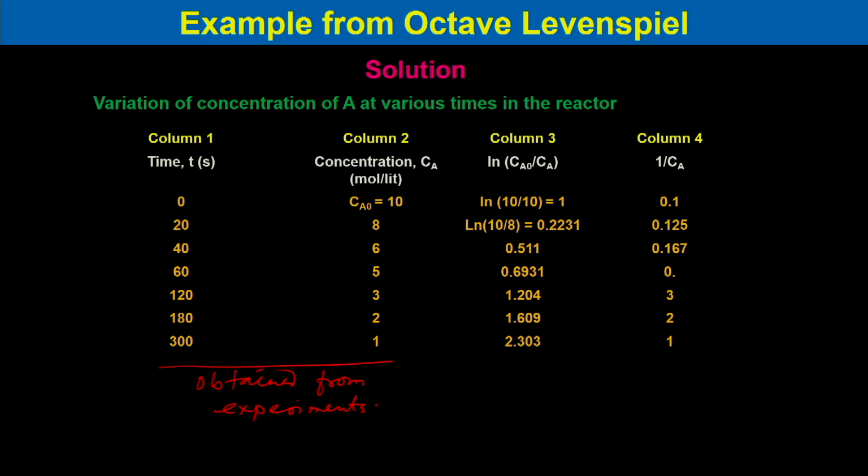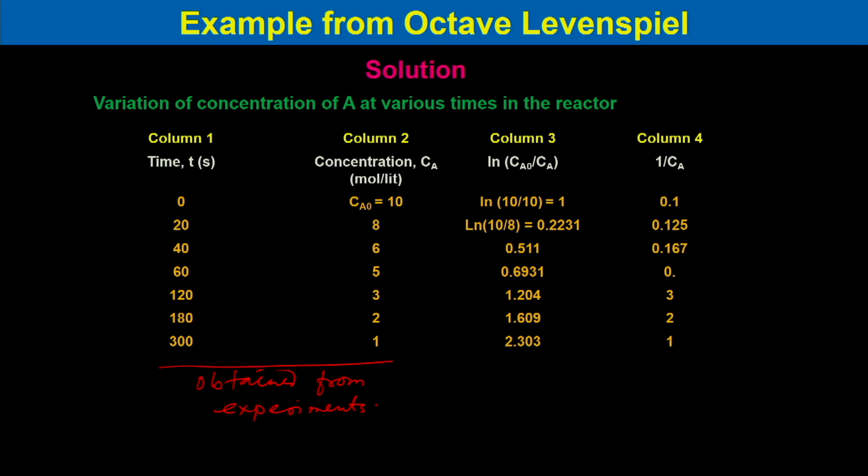C A naught is given, which is 10 at initial time t equal to 0. So, the initial concentration is 10 mole per liter.